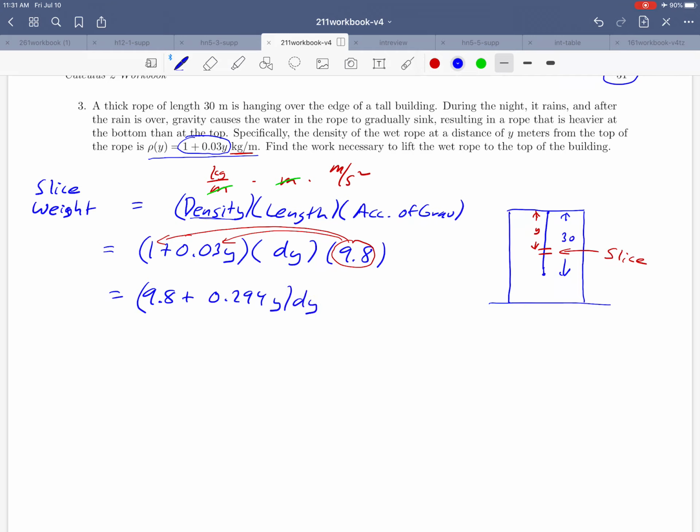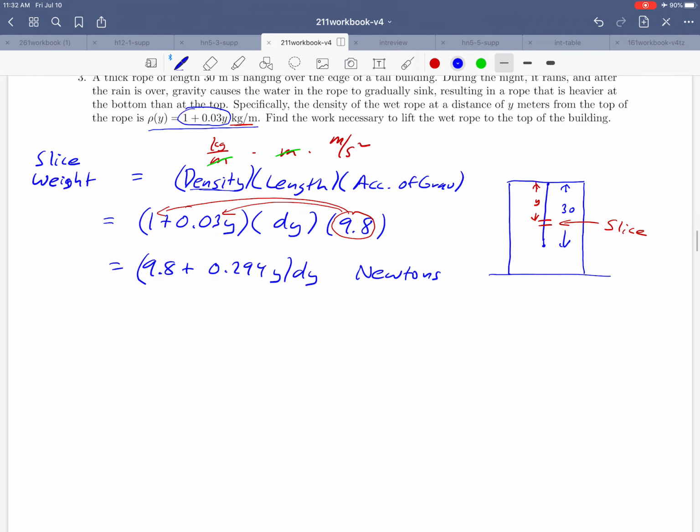That's just a more simplified way of writing this expression, and our units, as we talked about above, should be newtons. So that's the weight of the slice. What is the distance that it travels? We can see from the picture that the distance traveled is y meters.